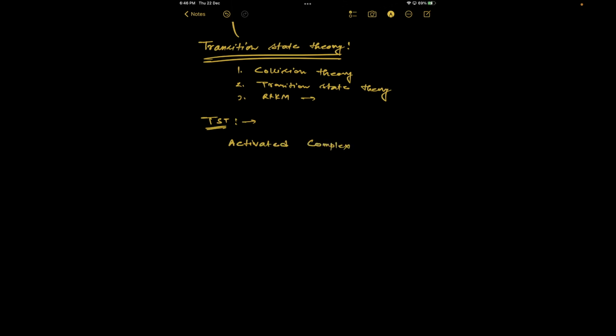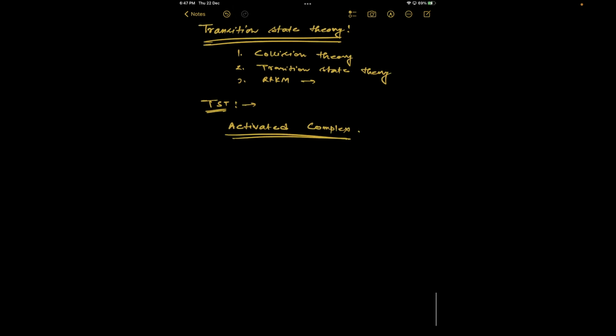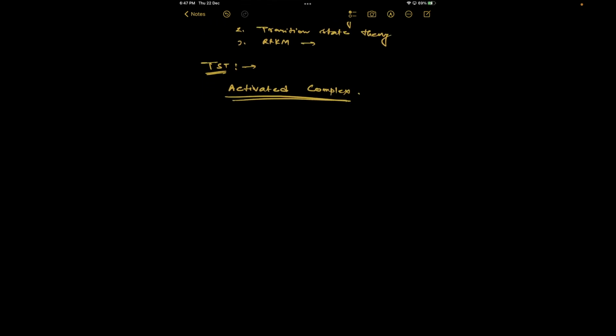So first the reactant molecules come together or interact with each other and form a type of complex which we call the activated complex, and from that activated complex the product molecules will form. Now the schematic representation is like this.